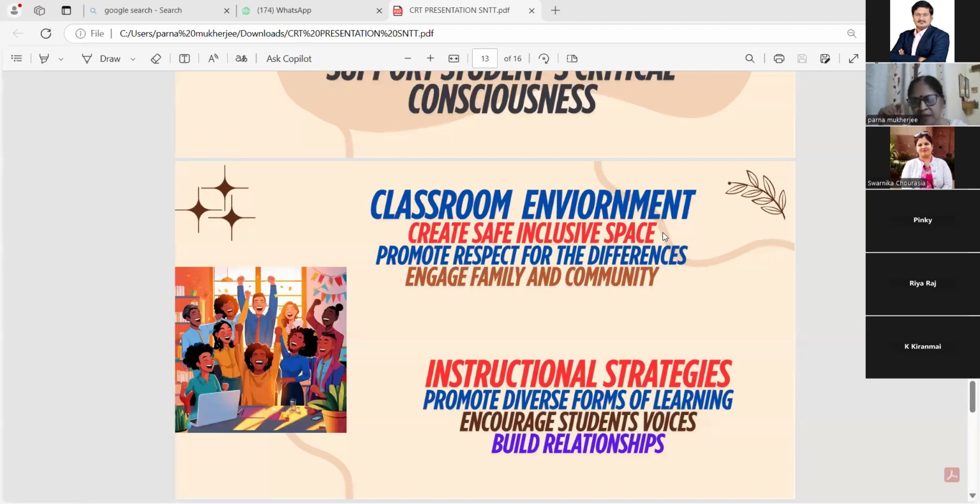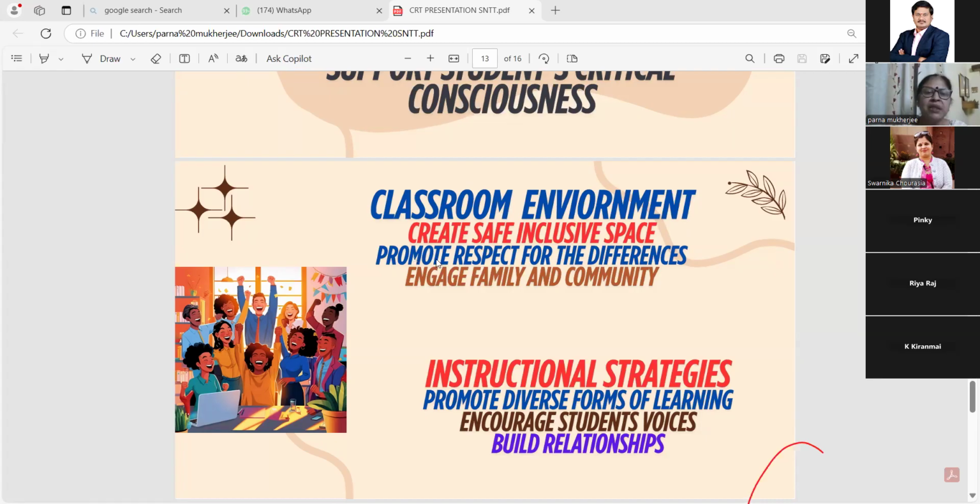The child should not feel threatened that because of my language, I will be ridiculed, or because of my financial difficulty, I will be left out. We have to make the child feel that, no, you are included in this classroom space.